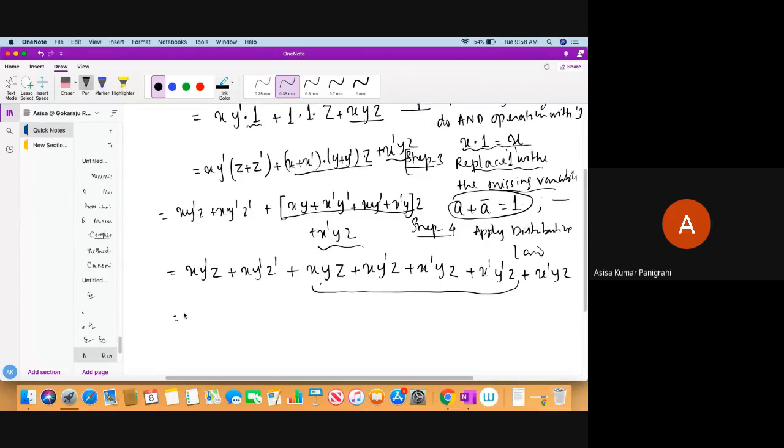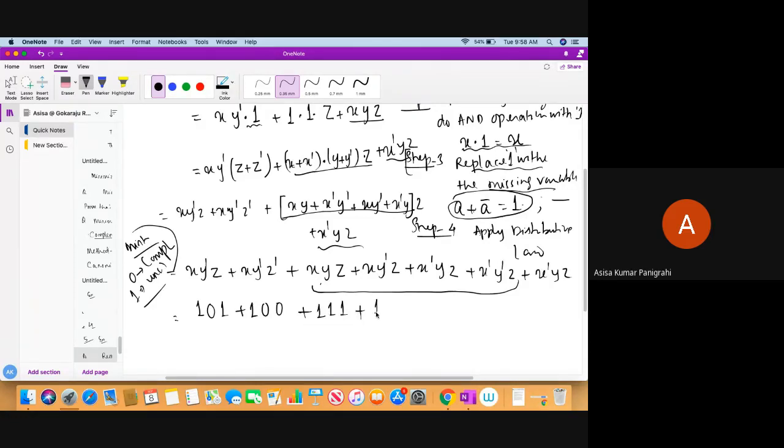Next, I just have to know that these are my min terms. In min terms, whatever the complemented variables are there, put 0. Whatever the uncomplemented variables are there, put 1. So here this is uncomplemented, put 1. Y bar is 0, 1. Similarly here uncomplemented, put 1, 0, 0. Similarly 1, 1, 1.